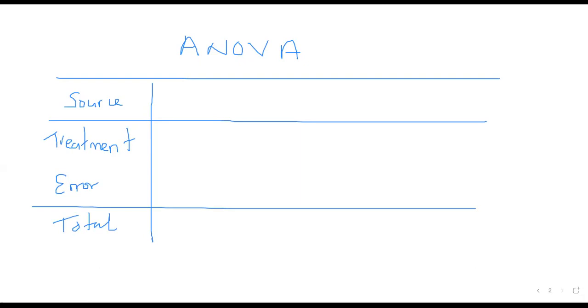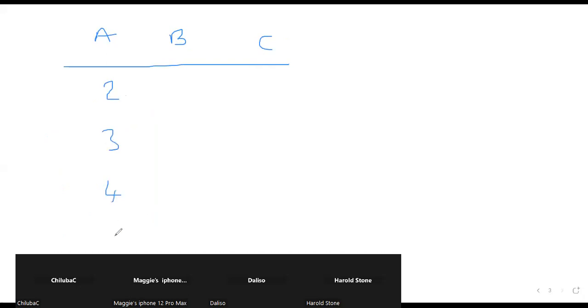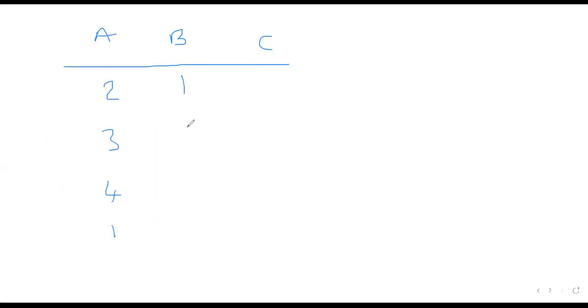When we're dealing with a one-way ANOVA, we only have variations coming from one angle. For instance, columns A, B, C, with arbitrary figures: 2, 3, 4, 1, then 1, 1, 2, 3, then 2.